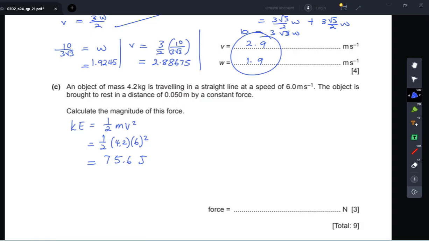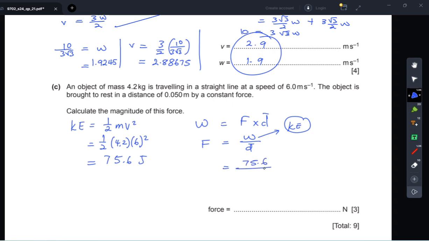So work has been done to stop this object by a force. We know work done is equal to force times displacement, which is distance there. That means force will be equal to the work done over the displacement. But the work done in this case is equal to kinetic energy, assuming the law of conservation of energy here.